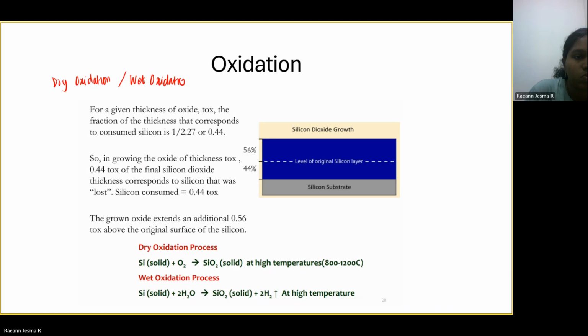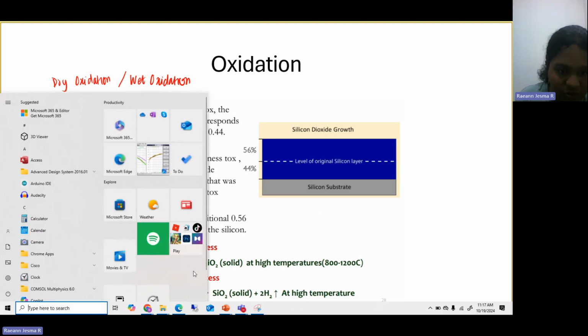In the dry oxidation process, we just oxidize the sample by passing it through O2. In wet oxidation, we use water in order to oxidize the silicon wafer. Both will happen at high temperature, around 800 to 1000 degrees.